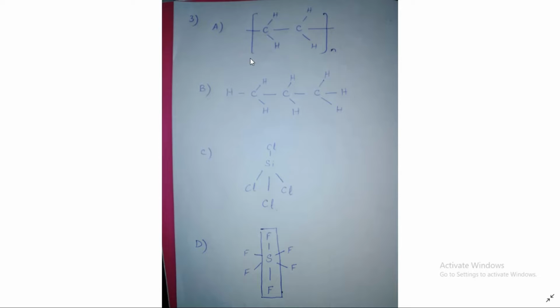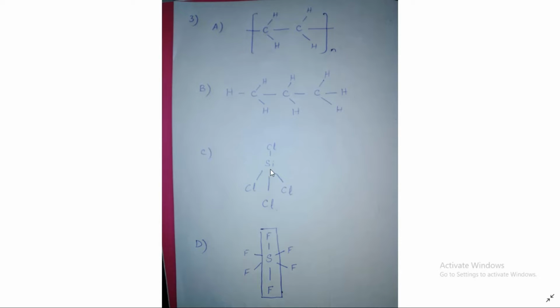There are many atoms of carbon linked together in the polymer, and there are many atoms in a straight array. So this can't be an option because he's asking for 3 atoms that are in a single array. While in the case of B, the compound was propane. As you can see, hydrogen, carbon, and hydrogen. 1, 2, 3, 4 and 5 atoms are in a single array, while the others are not.